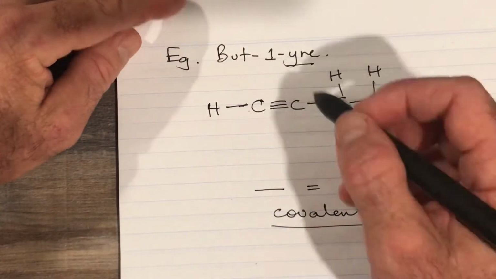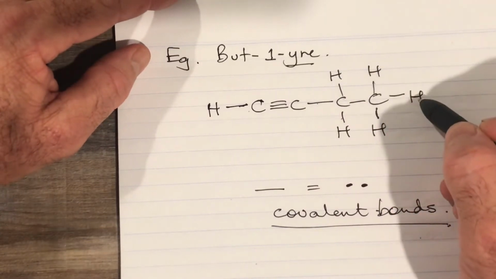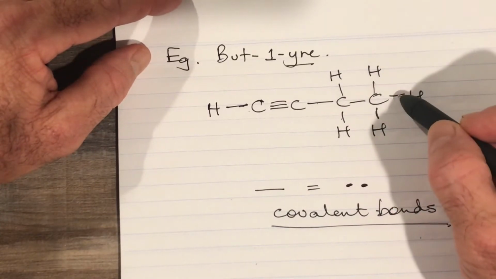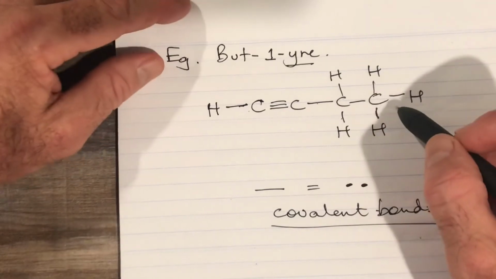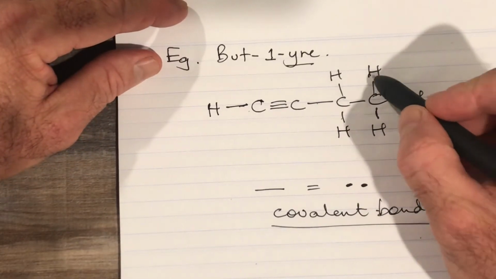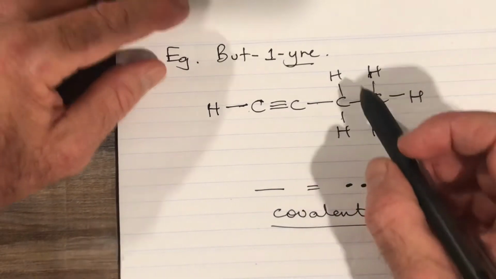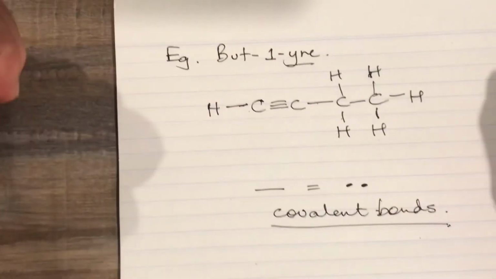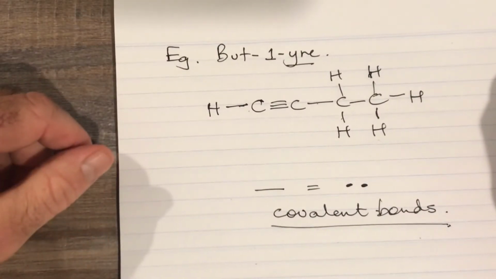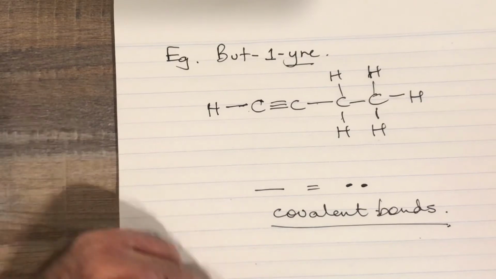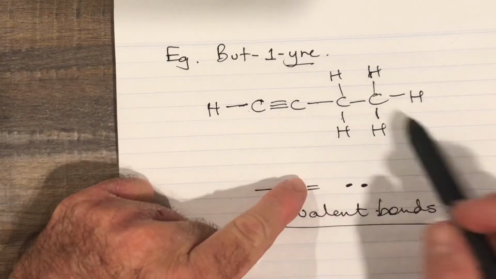But if you catch me not putting any hydrogen at the end of any covalent bond, it's just assumed that that's hydrogen. When we don't include the hydrogens, it's just known as the skeletal chain, a simpler, easier way to draw the structural formula.